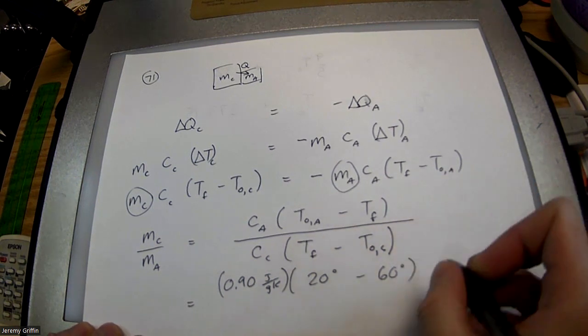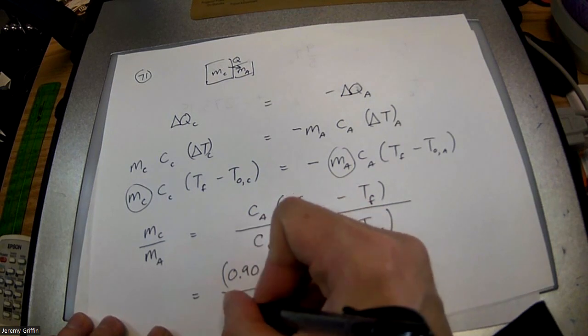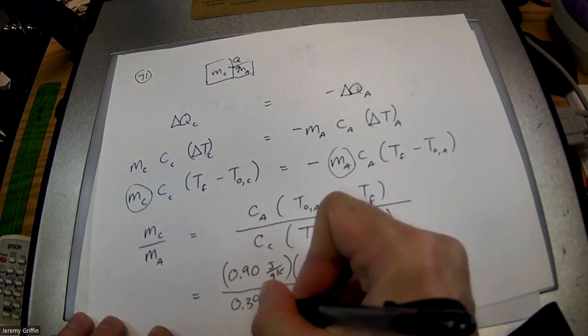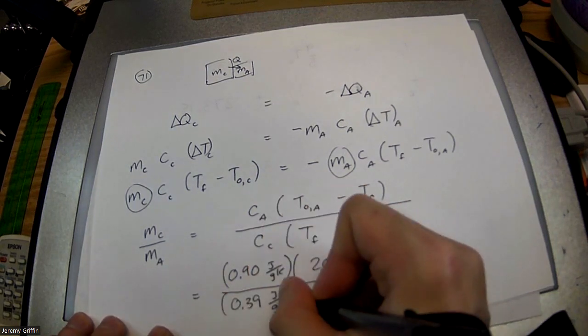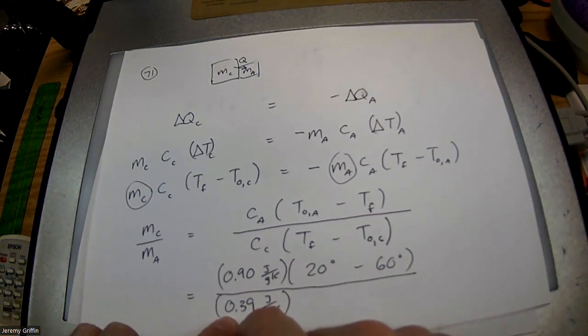These are the numbers on my paper; yours are different. Then for the copper, specific heat capacity is 0.39 joules per gram Kelvin, which notice is a smaller heat capacity than the aluminum's. What did I just do?